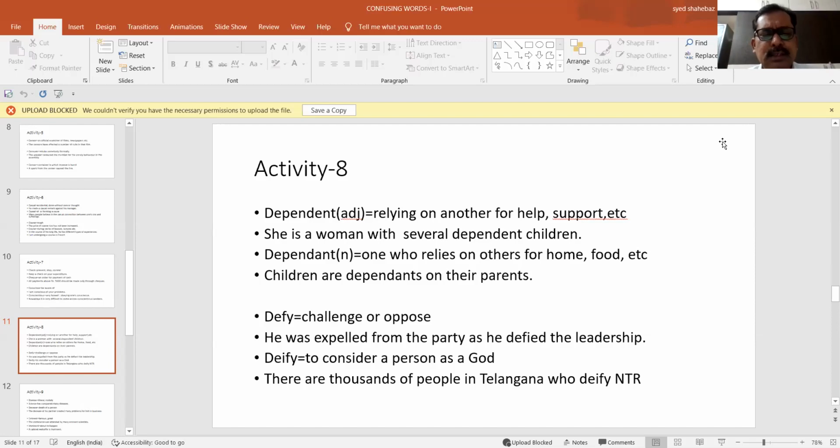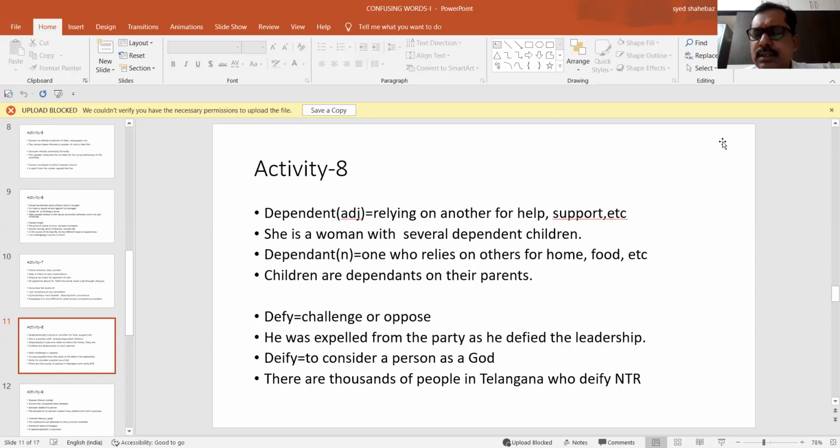The second one is deify, D-E-I-F-Y, deify. Consider a person as God, deify. There are thousands of temples in Telangana who deify NTR, MGR. So it is just an example.